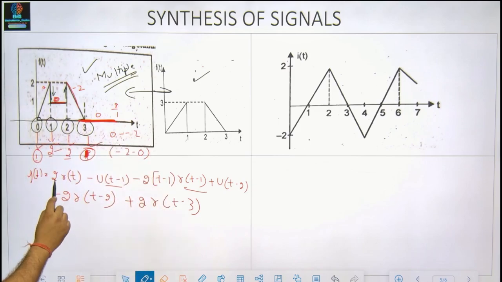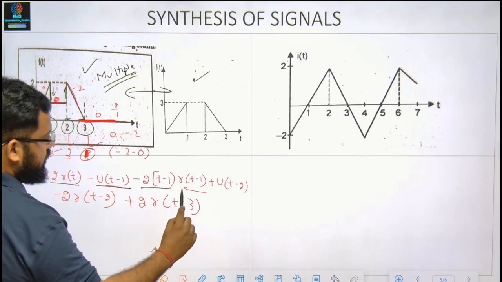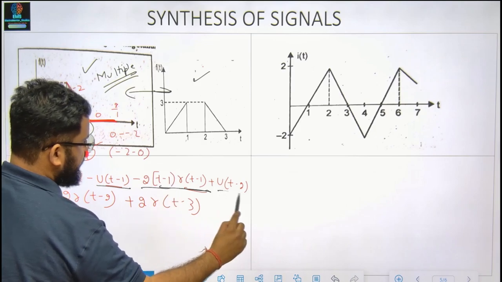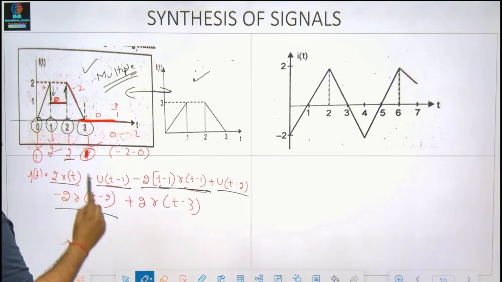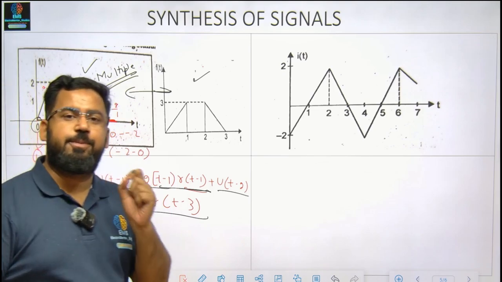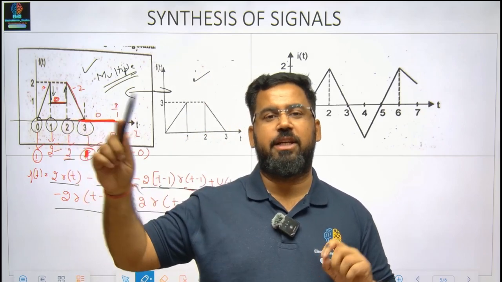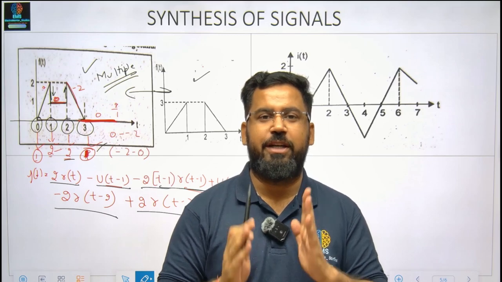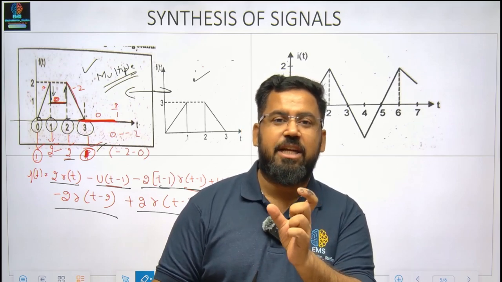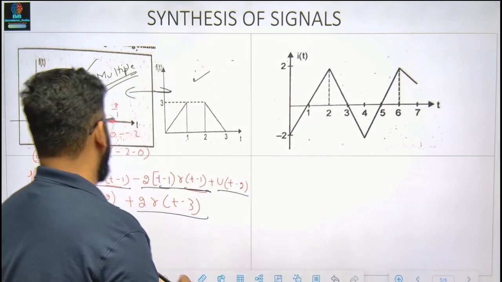So how many terms have I got? Let me see: 2 for t equals 1, 2 for t equals 2, and 1 for t equals 3. You just have to observe the point of change: rise, fall, increase, decrease. How many changes there are at that one point will let you know the number of components in your equation.